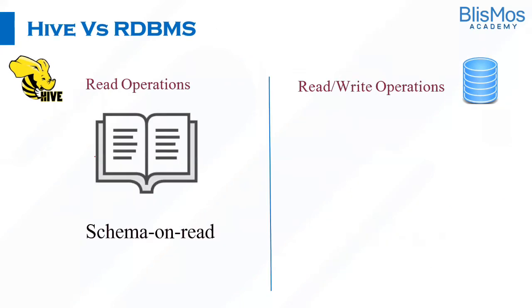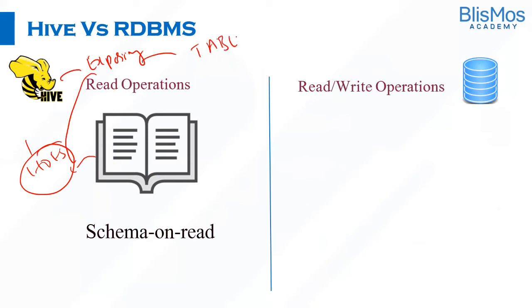Because the data is stored in HDFS and Hive is just exposing the files in HDFS as tables to the user, it is schema on read. We are enforcing the schema while reading the data.